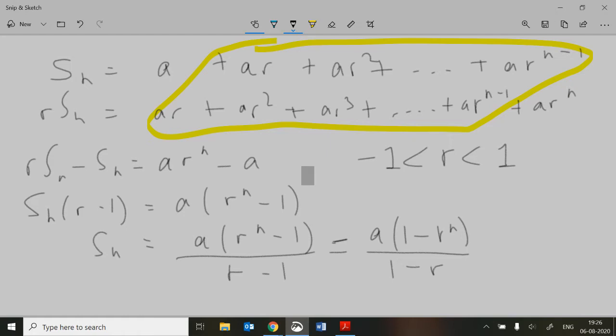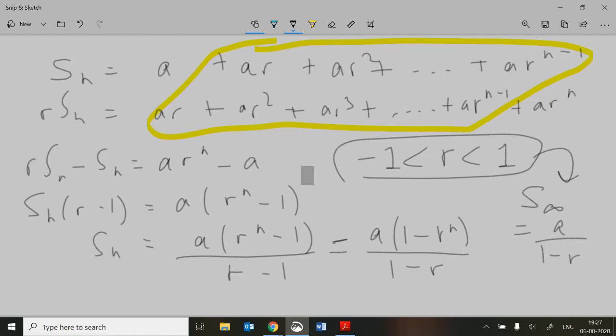So this would disappear if r is between minus 1 and 1. That would leave you with this additional formula, a over 1 minus r, and that's only the sum to infinity. Let's just write this one down. Sum to infinity, in this case here, is going to be a over 1 minus r. We'll deal with that through the questions as we go through.